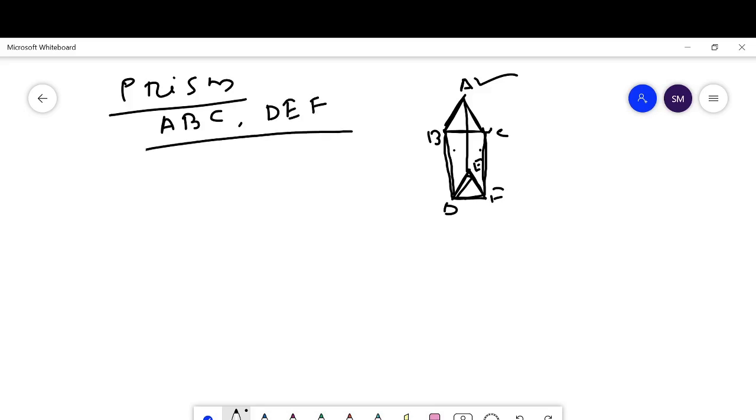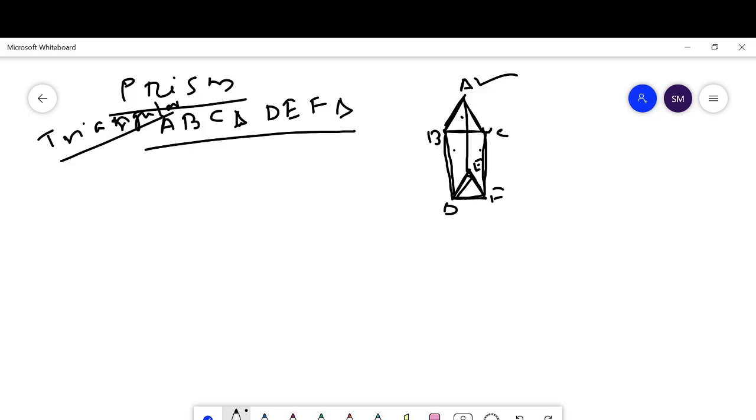These are triangular bases, and there are 3 rectangular lateral faces. This is a triangular prism.